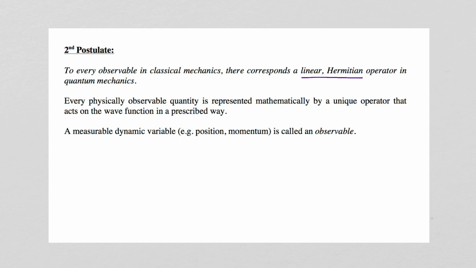Hermitian operators, that's one of our theorems of quantum mechanics. We're going to hold off on talking about those details for right now, but for now just know that there is a quantum mechanical operator for any physical property that you would be interested in measuring.